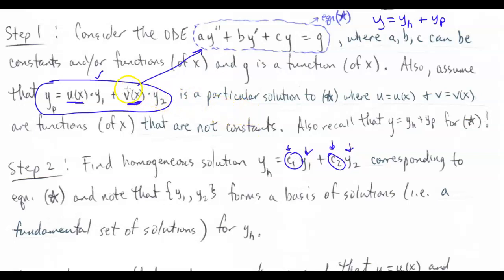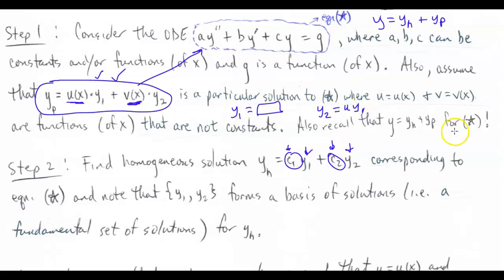Okay. Now, the reason why we assume that our solution is going to look this way is because of the fact that we're actually going to be applying reduction of order to this process. So in other words, whenever we derive it, we know that reduction of order says if I know some solution to an ordinary differential equation, y1, then I can assume that that second solution looks something like this, okay?